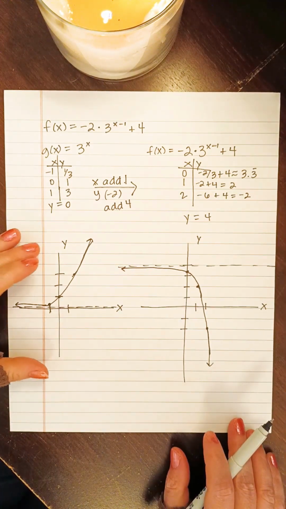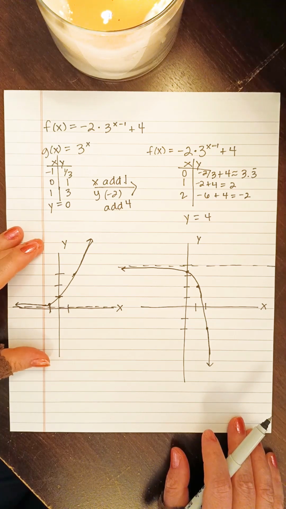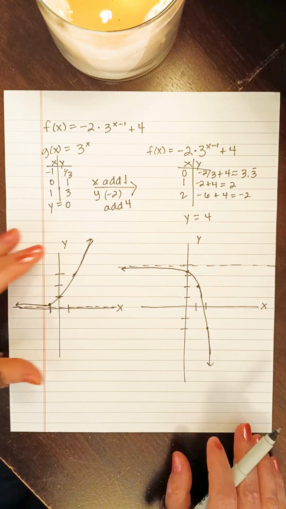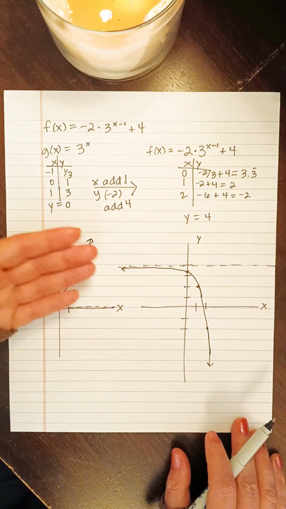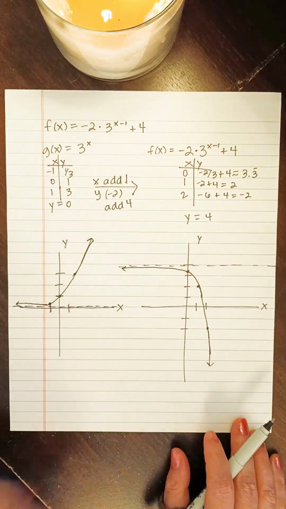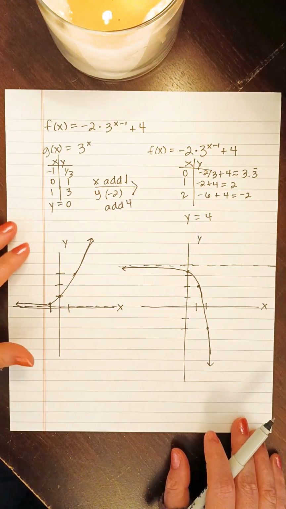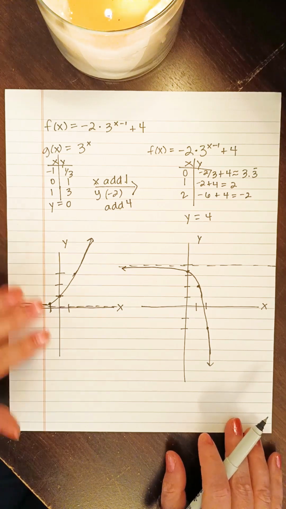So what we did is we took it and shifted right one, went this way, and it got flipped. You can see that it flipped about the x-axis, and went up 4.